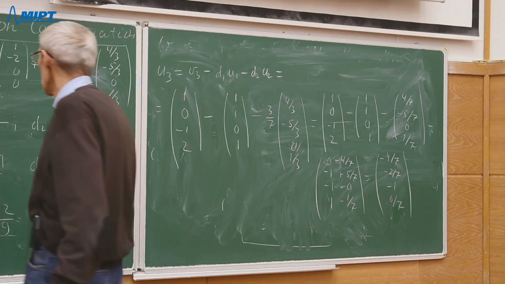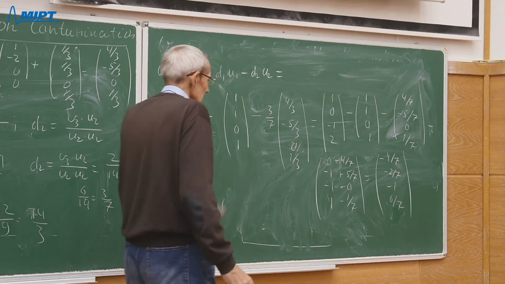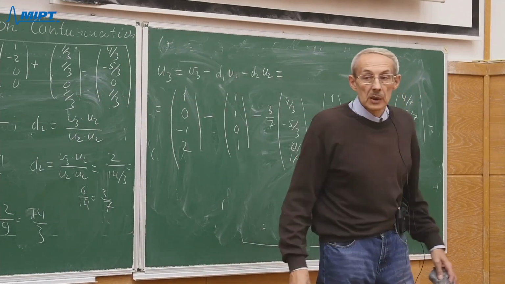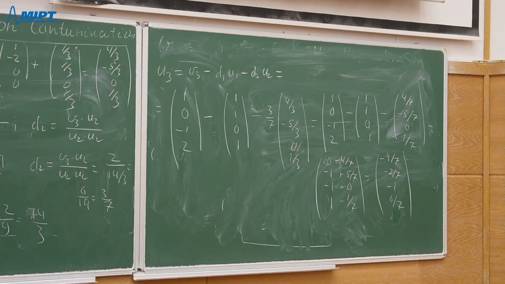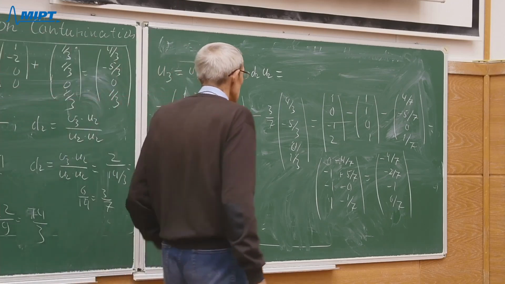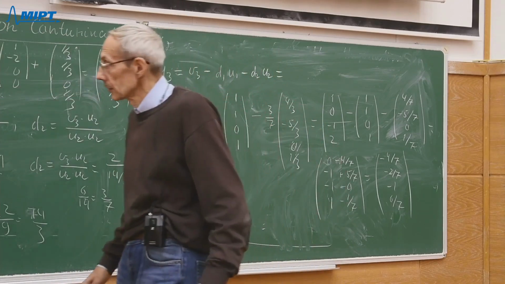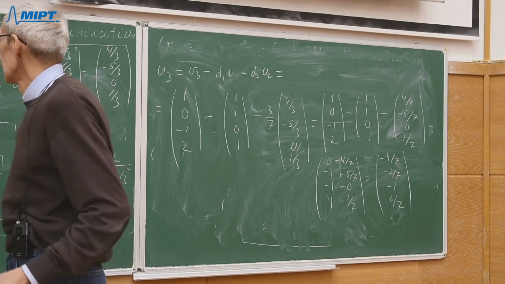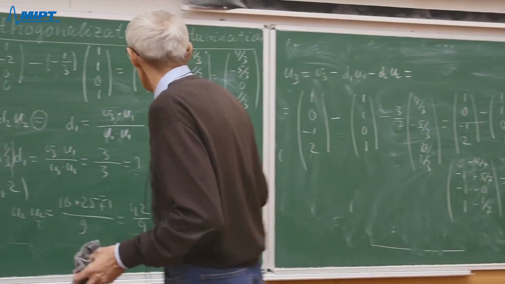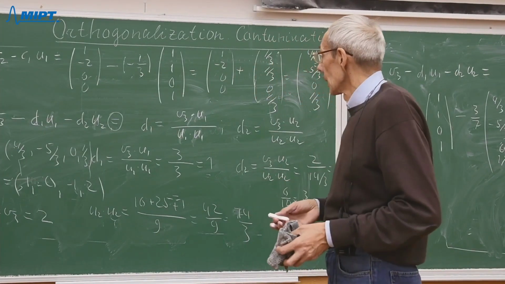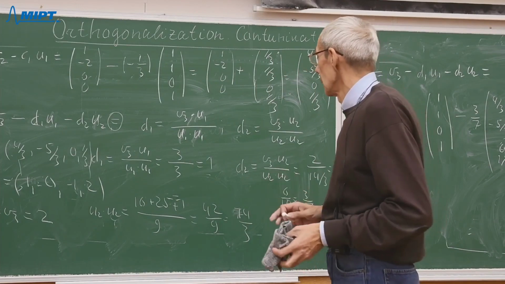Finally, we obtain the expression for these vectors. It is easy to see that the orthogonal system is invariant under multiplication of any vector by any scalar. And we can change and consider an orthogonal system whose vectors have only integer coordinates.